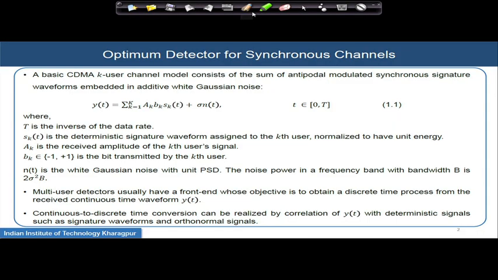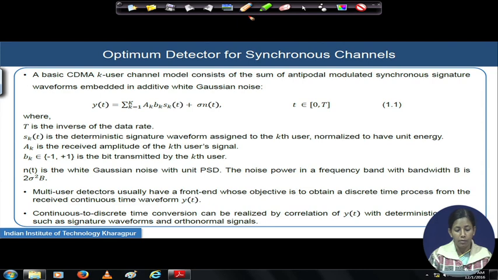And so, in CDMA, the channel that you are visualizing in such an environment is a K-user channel model, where K is the number of users currently operating or accessing the channel.